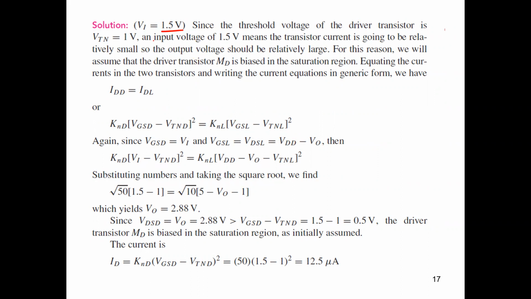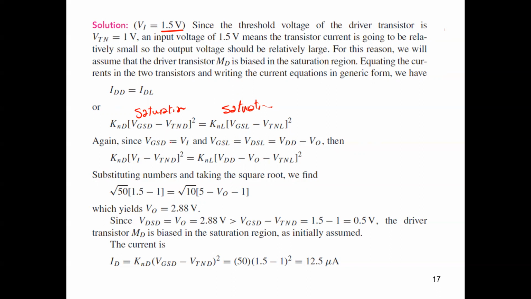In this case, IDD equals IDL, both transistors have the same current, and both are working in saturation. So the driver is in saturation, and our load is also in saturation. We use the same equation now and substitute with the values again.